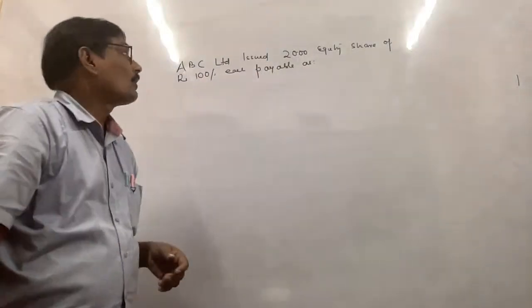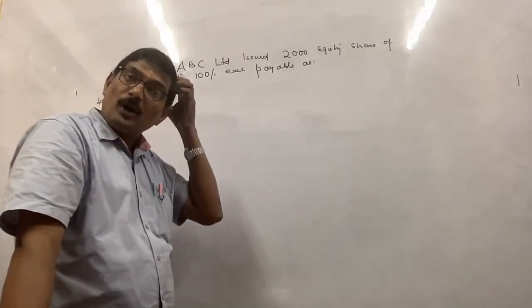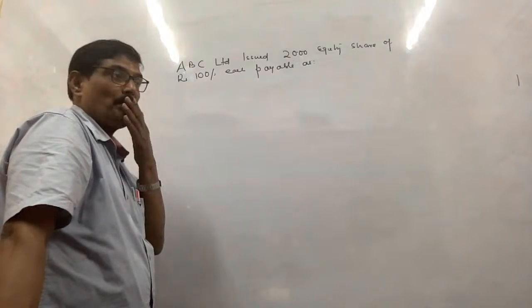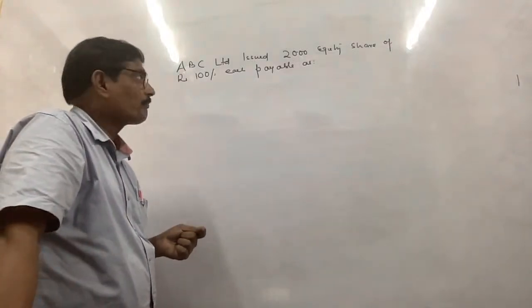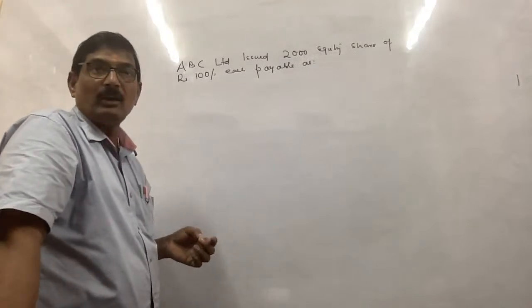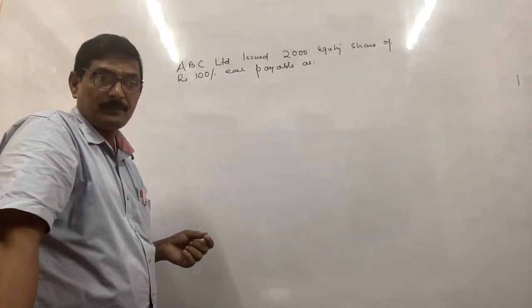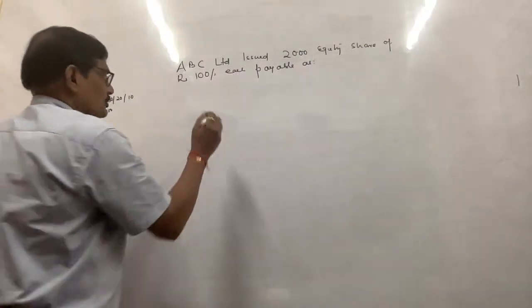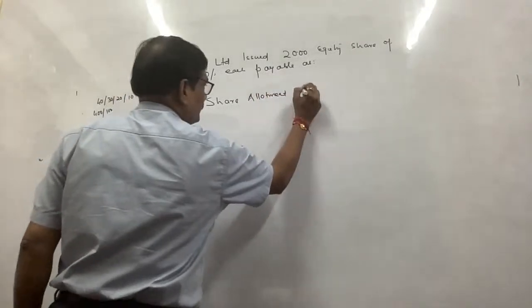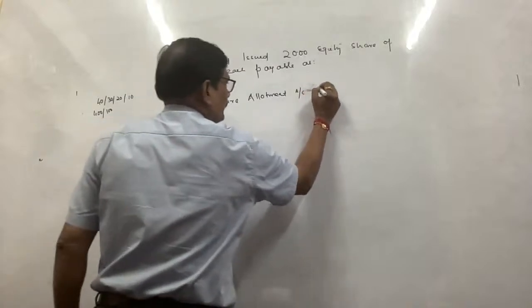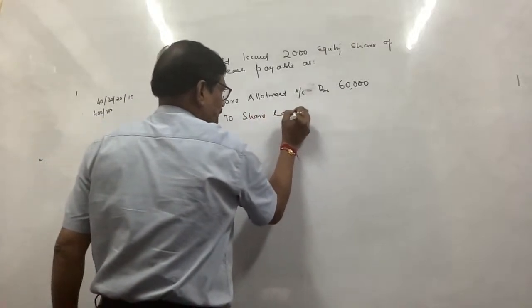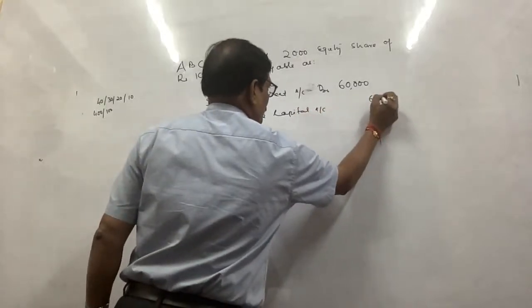Next, for allotment money due, the entry will be share allotment account debited, that is 2000 into 30, to share capital account, 60,000.